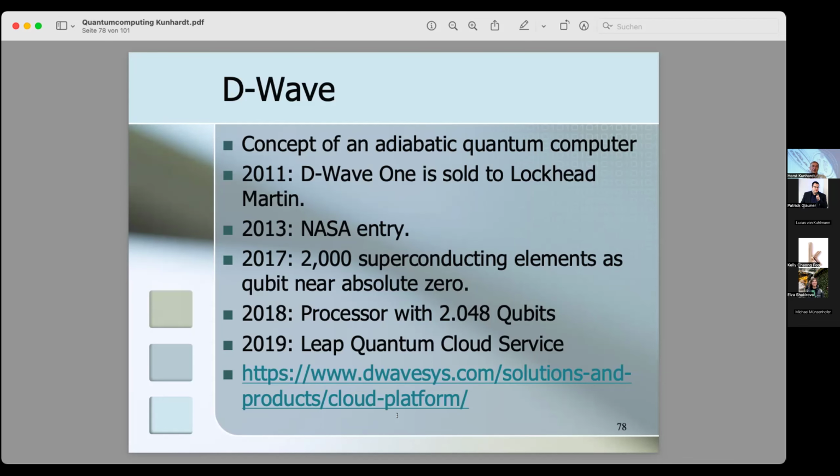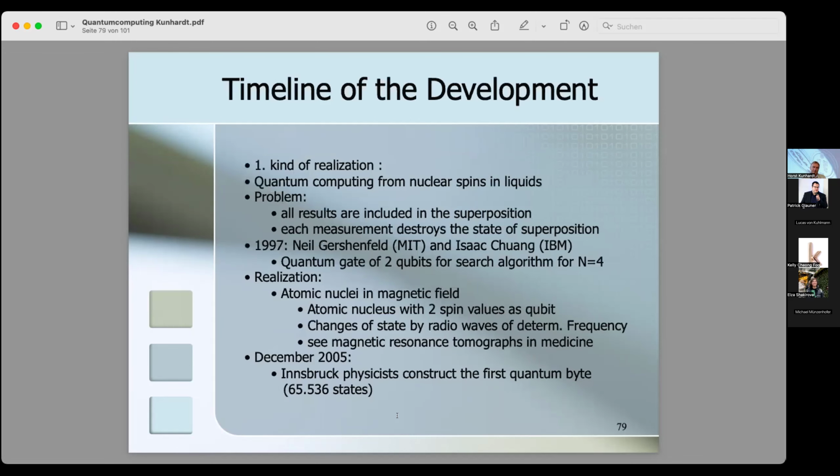So they made always competition with Google, and therefore they called it the Leap Quantum Cloud Service they have. So Patrick also told you that they offer a free time for using this D-Wave quantum computer.